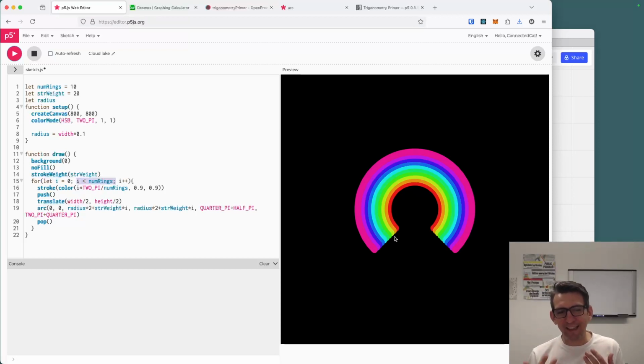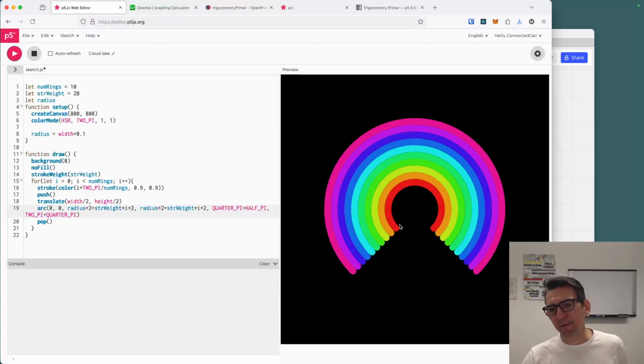That's because I needed to double, remember, because otherwise my stroke overlaps the previous stroke. So this is why I need to multiply it by 2 in order for the strokes to get fully separated. And now they're sitting right next to each other. That basically has to do with how the stroke is calculated from the actual position of the ring.